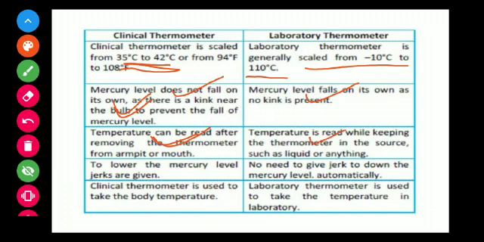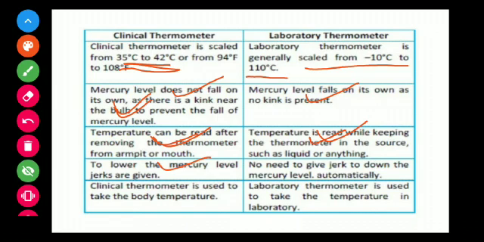Therefore, after removal, there is a decrease in temperature and a fall in mercury level. That's why we can only read the exact temperature when there is contact between the thermometer and a given body.